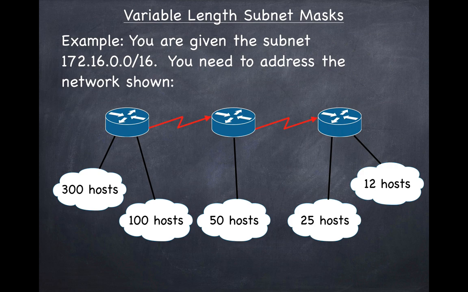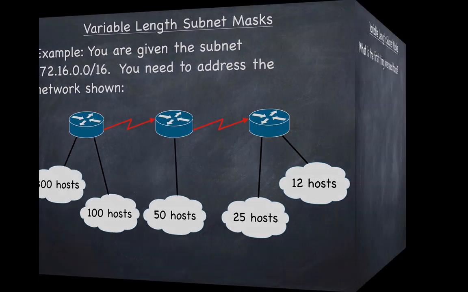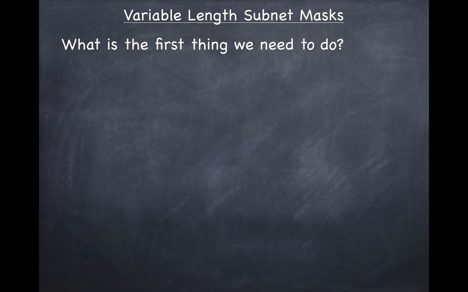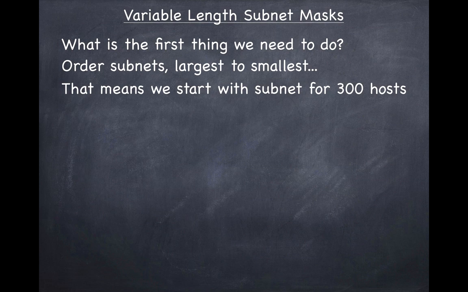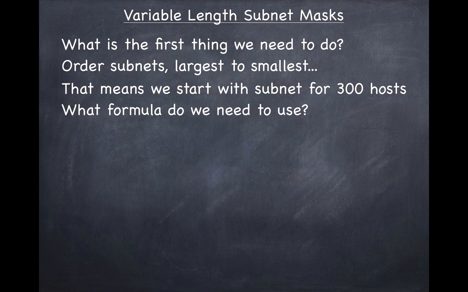Now then, if you recall, the first thing we needed to do in variable length subnet mask is order the subnets from largest to smallest if that is not how they're ordered, which on the figure they were not. So that means the largest subnet needs to accommodate 300 hosts. So what we're doing is we need a subnet that has 300 usable addresses at least.